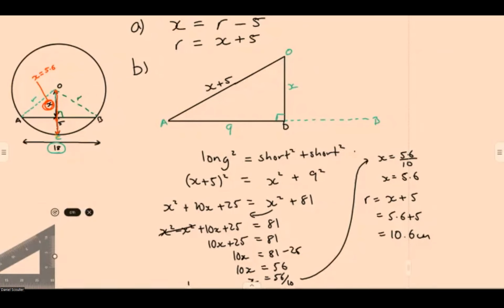So I would have r minus 5 in a bracket, r minus 5 in a bracket plus 81. Oh, so you did it in terms of R. Yeah, that still works.